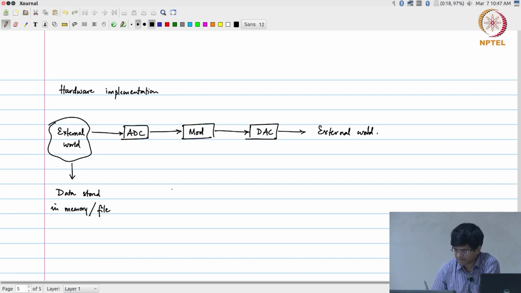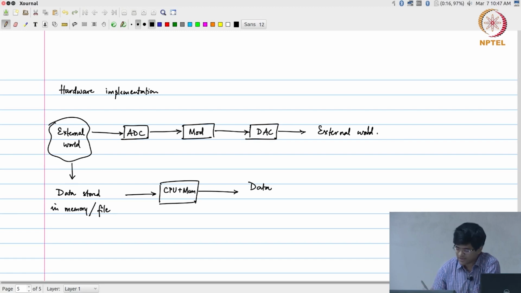What is important is, in such a situation, you already have the data available to you, and you are going to put this through some kind of a CPU plus memory processing system, which once again gives out data which could be stored in memory or in a file, and finally pushing it out to the external world is somebody else's problem. You are not worried about that.